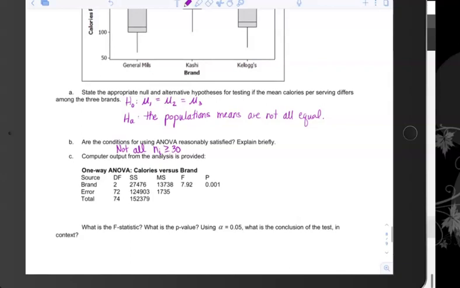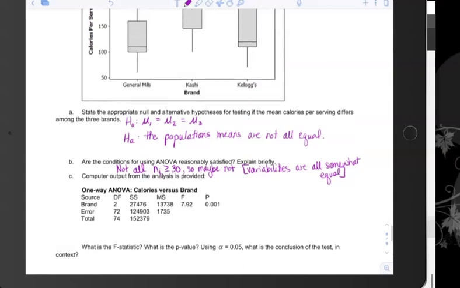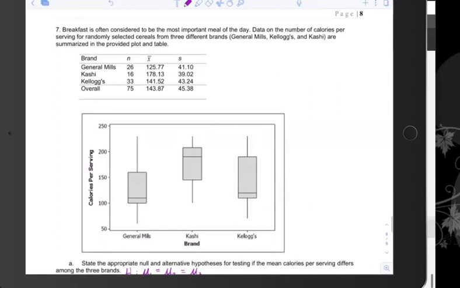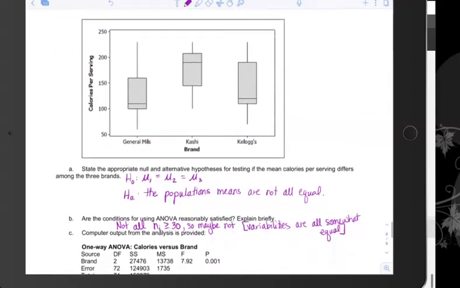So this part's a problem, so maybe not. We can say the variabilities are all somewhat equal. So that part's fine. But it sure would be better if we knew that all the sample sizes were greater than or equal to 30, or that we knew that the populations were reasonably normally distributed.